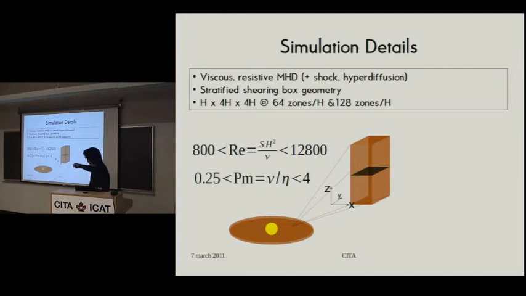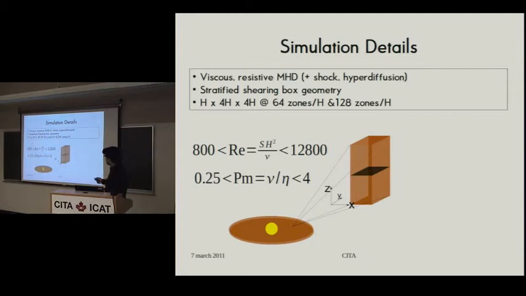The Reynolds number here, by the way, just for experts in the audience who are interested, is slightly different than other authors use. We quantify it in terms of the shear rate S, which is the dimensional shear rate, in units of omega, and h is the scale height of the disk over the flow dissipation.